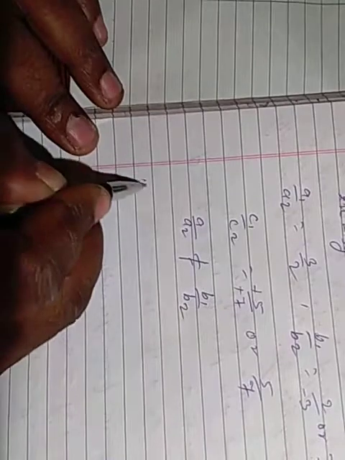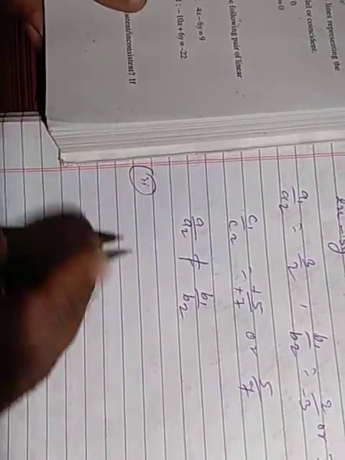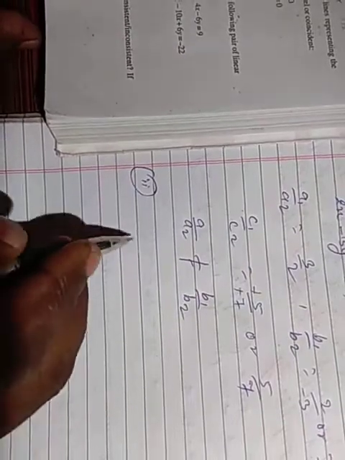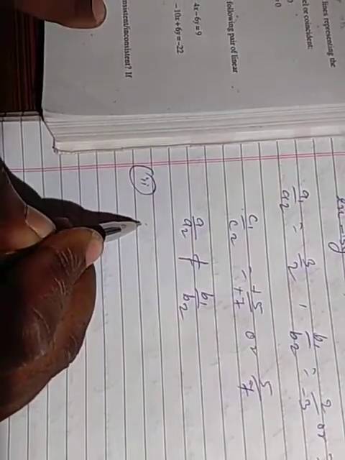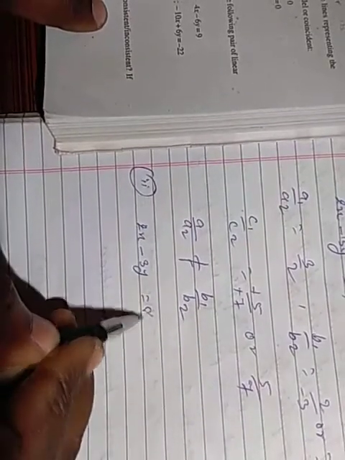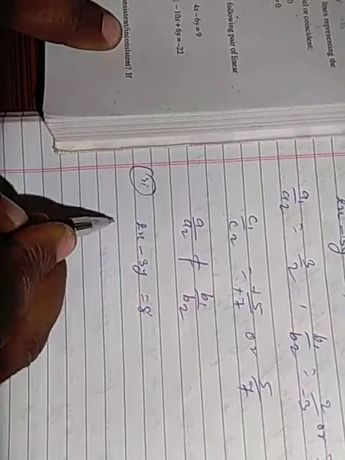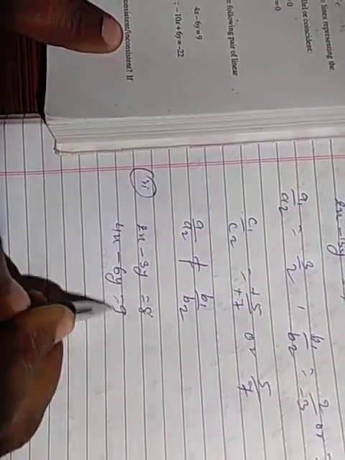Next question we have. 2x minus 3y is equal to 8, 4x minus 6y is equal to 9.